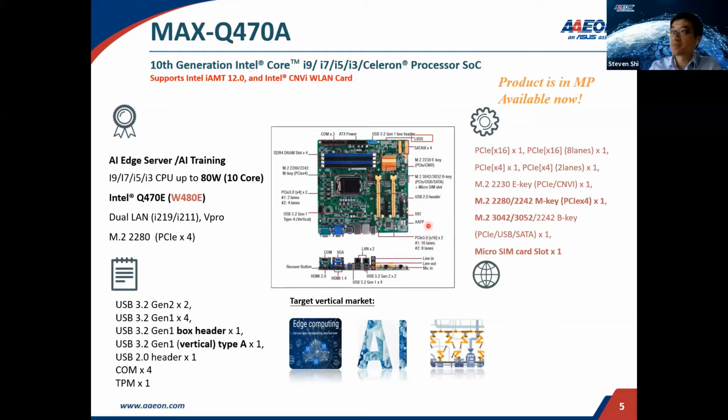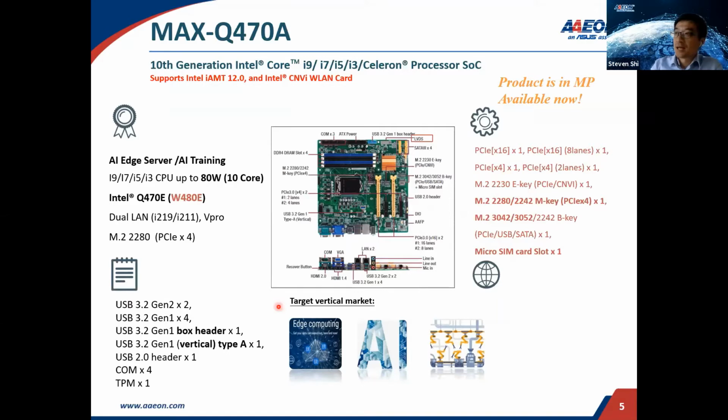Apart from that, for expansion, I'd highlight that it also has a PCI Express x4 and many M.2 expansion slots, especially the M.2 3042 and 3052, which in combination with the micro SIM card can be used for a 5G modem, offering high-speed wireless connectivity.